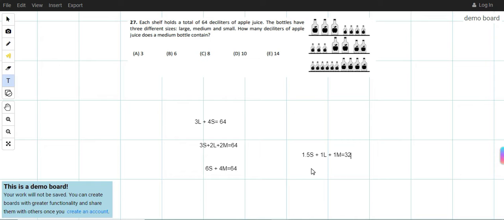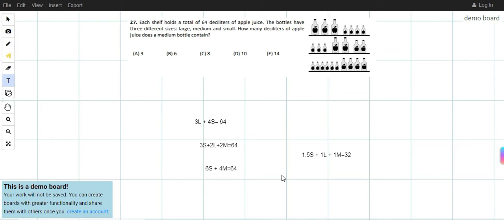Then we have the 6S plus 4M equals 64. We can also simplify that. We will get from that 1.5S plus 1M is equal to 16.